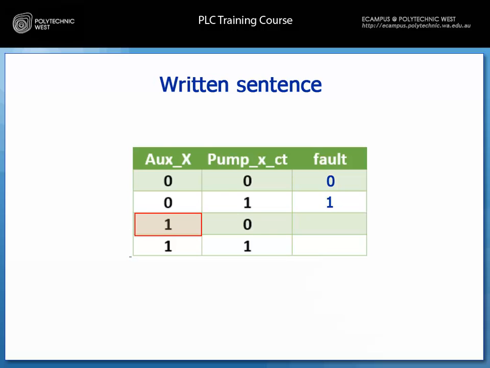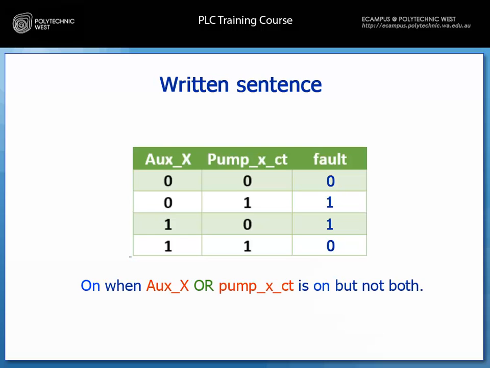If auxiliary X is on and pump XCT is off, then this is a fault. We'll show a 1. If auxiliary X is on and pump XCT is on, then this isn't a fault. We show a 0. Fault is on when auxiliary X or pump XCT is on, but not both.